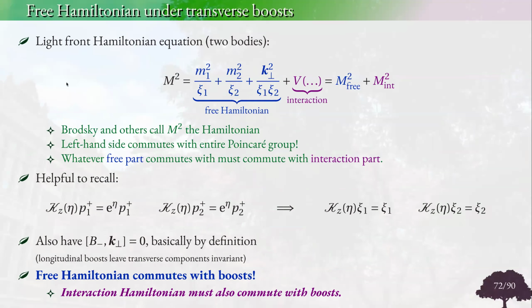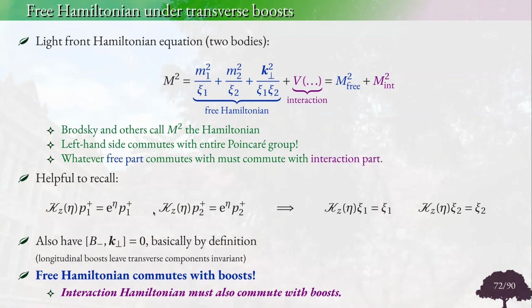Similarly, you can show that longitudinal boosts leave the free Hamiltonian invariant. For one part, it's helpful to recall that when you do a longitudinal boost, it basically just scales the plus components as well as the minus components in opposite ways.